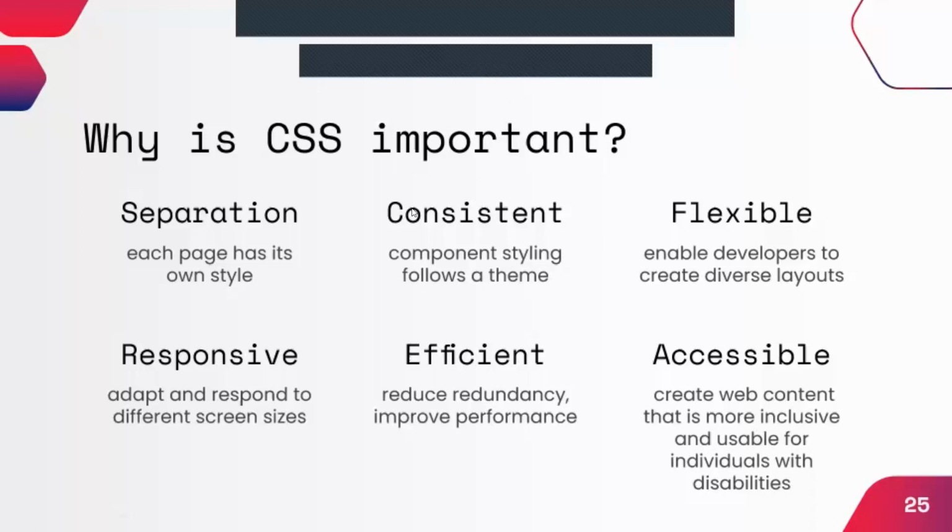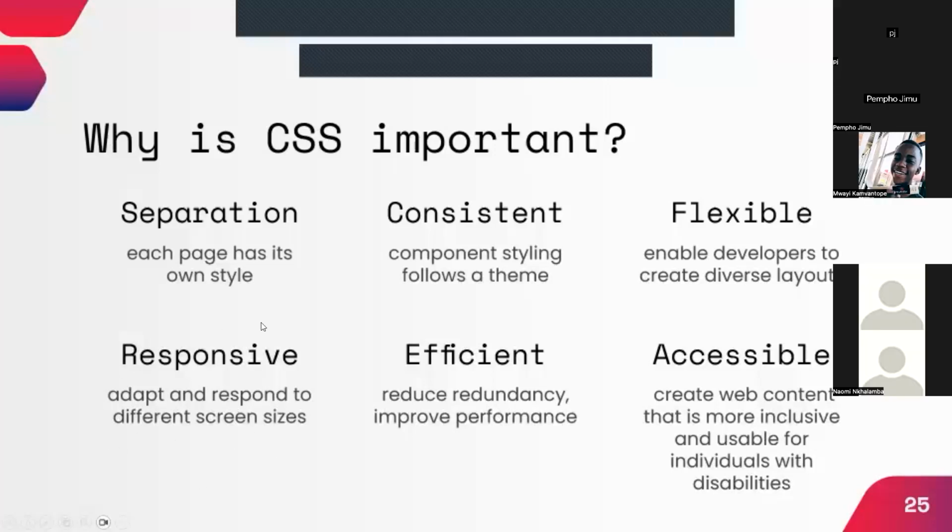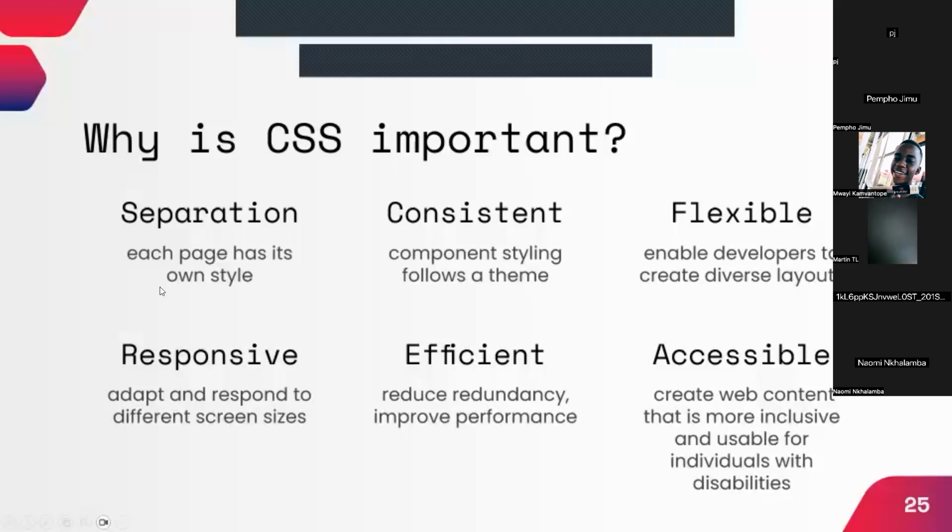So we can make themes, that's why you have websites that have a certain type of color, like a blue that's only theirs. So CSS is at the forefront of this. We're creating themes and our own style of painting our web pages with CSS. It's flexible. It allows us to make responsive designs which can fit on all devices, on all types of screens, and it's in a more efficient way.